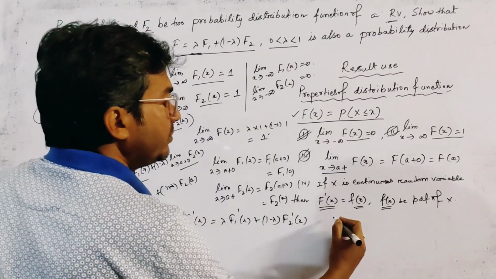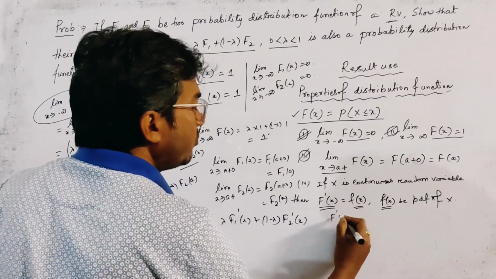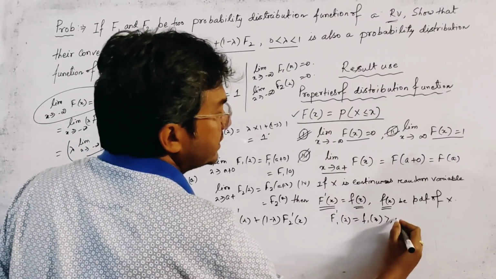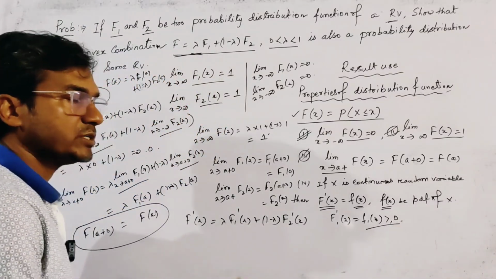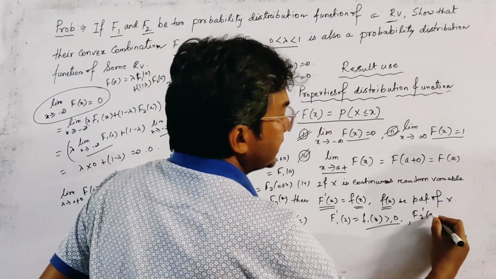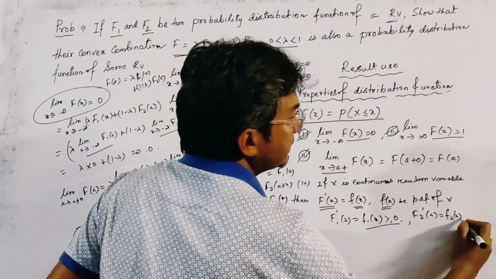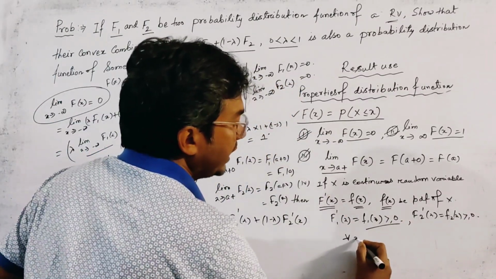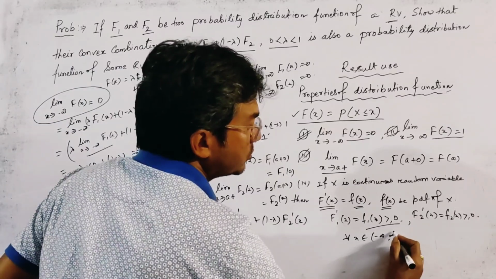Using this property, F1'(x) is f1(x), which is greater than or equal to 0 because it is a PDF, and similarly F2'(x) is f2(x), also greater than or equal to 0, for all x from minus infinity to infinity.